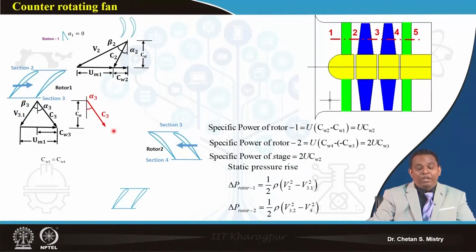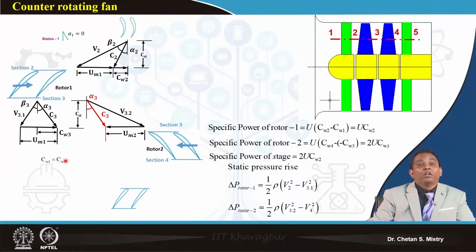If I put my peripheral speed here, you can see it makes a velocity triangle like this. And if you look at my relative velocity at the entry of rotor 2, it comes to be V3.2. You can see that it is larger compared to the entry condition for rotor 1 and the exit condition of rotor 1.